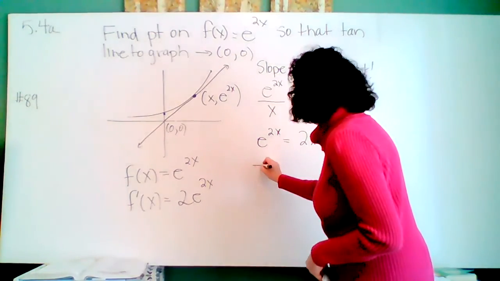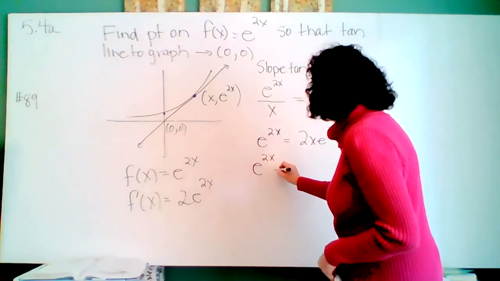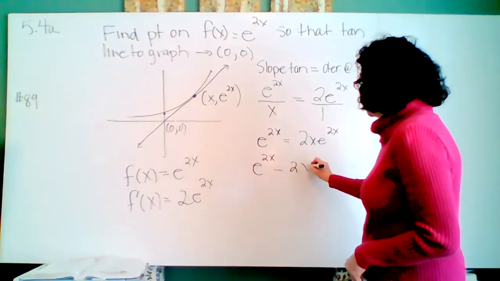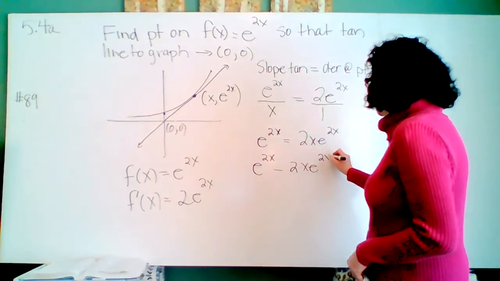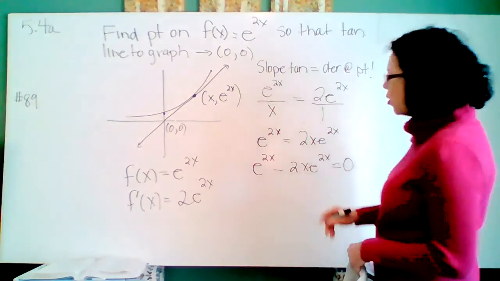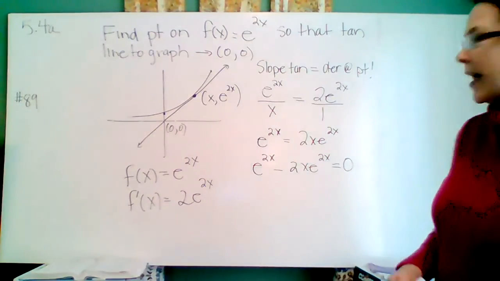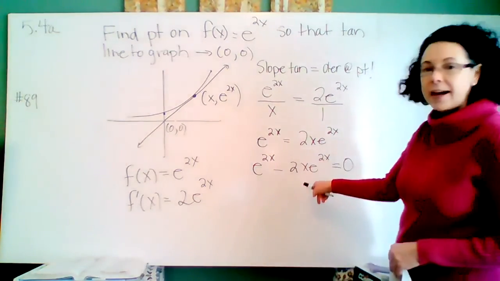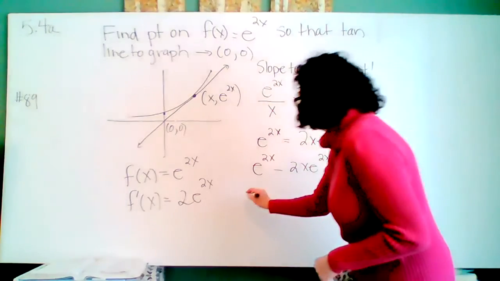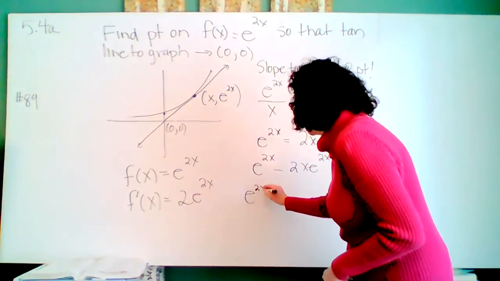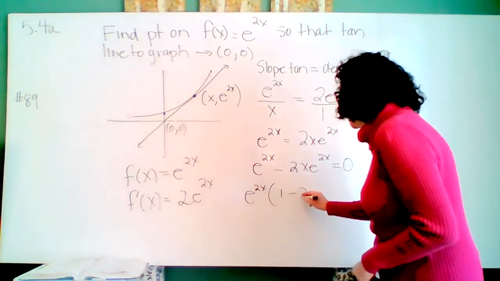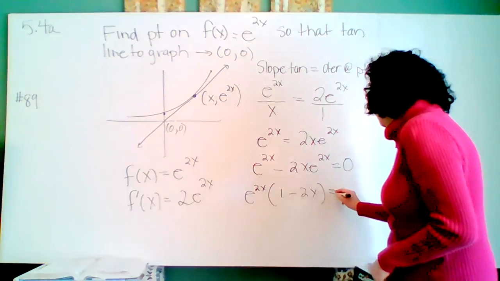So I have e to the 2x, and I'm going to subtract 2x e to the 2x and set this equal to 0. I'm hoping if I factor this, I can better find the x where this is true. So notice I have e to the 2x in both terms. 1 minus 2x would be left, equals 0.